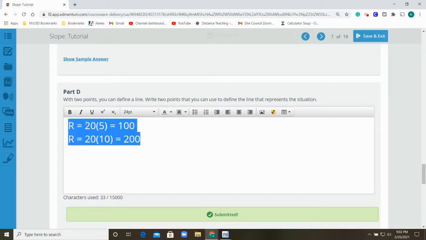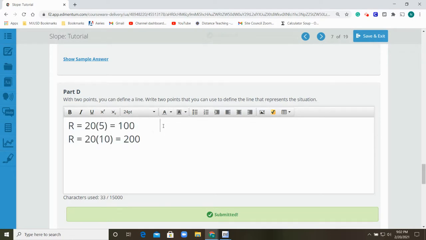If R equals 20 times 5 equals 100, and R equals 20 times 10 equals 200, we can use the point, we can flip it because it'll be easier on the graph, but it'll be the same line, I believe. Hopefully I'm correct. 5 and 20, and 10 and 20. And it would be shown like this.